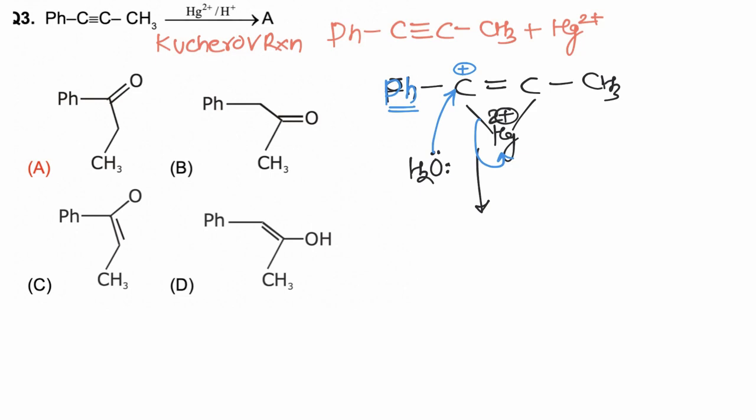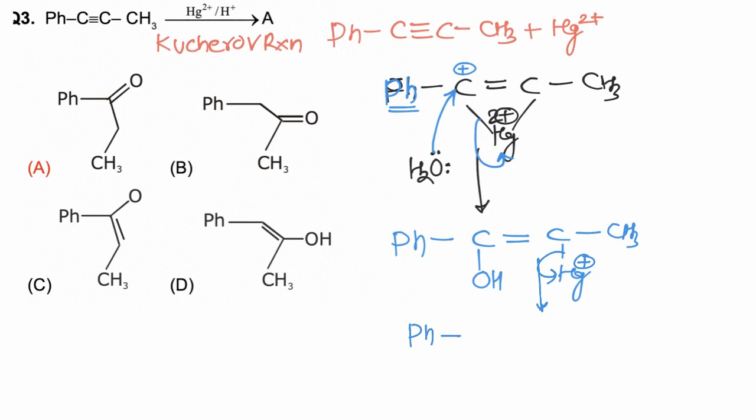Simultaneously, carbon electron bonds are shifted. So we get Ph, C, OH, double bond C, Hg and CH3. Now Hg positive ion will be eliminated in the last step and hydrogen will be attached in place of mercury.